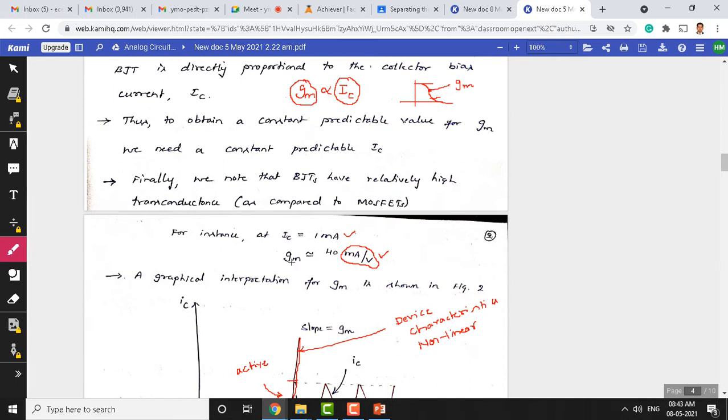Since current in a BJT is very small, in milliamperes, the transconductance will be in milliampere per volt. Even for an op amp, it's going to be in microampere per volt. So transconductance for each and every device is a very important parameter.